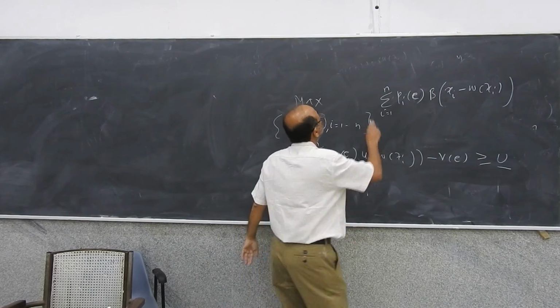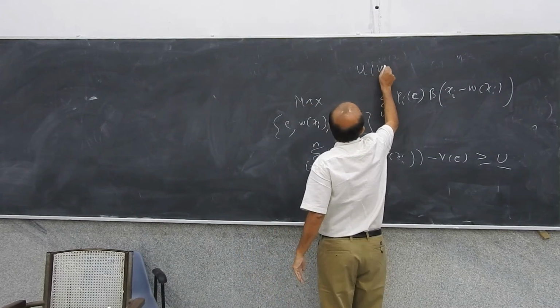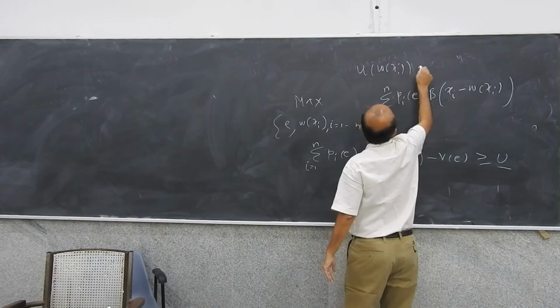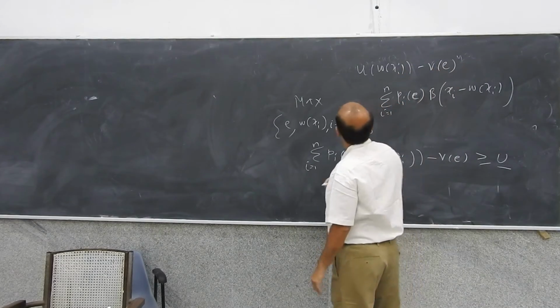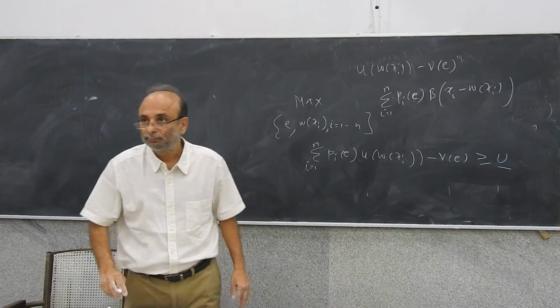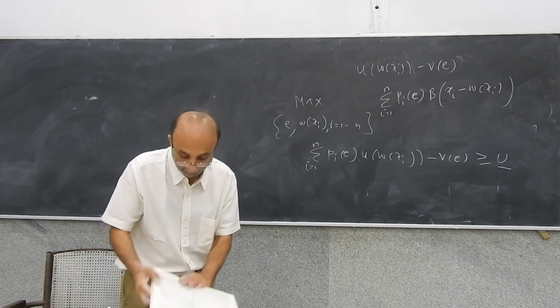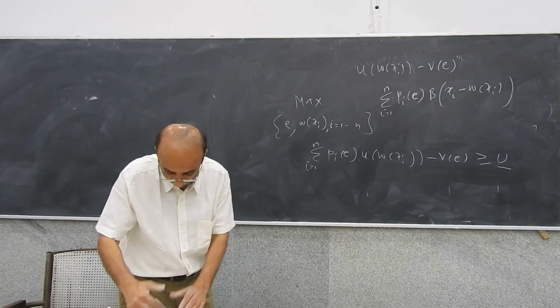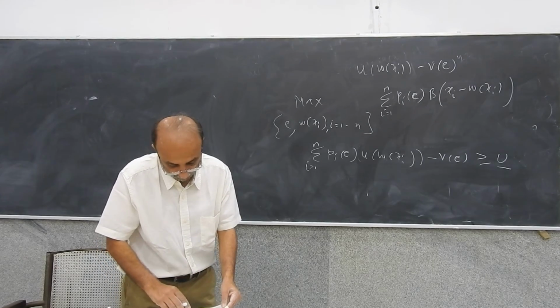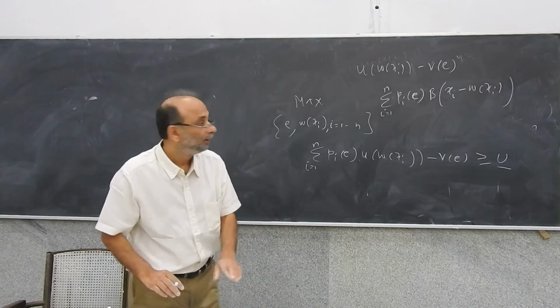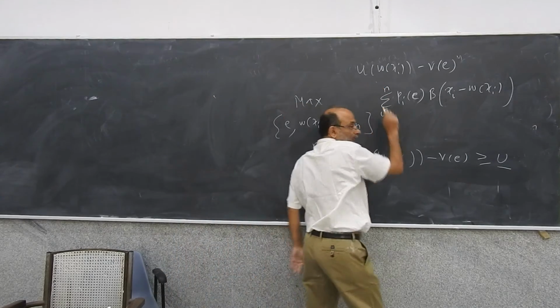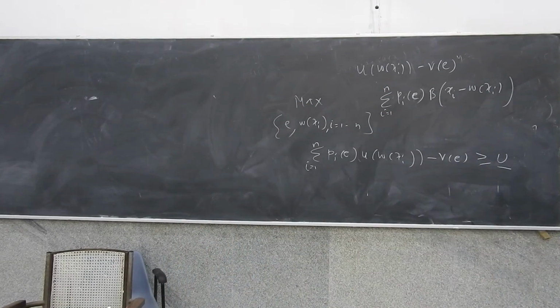The utility function for the agent is, okay, right? Can you explain to me the meaning of the utility function? What is this? U of W xi minus V of E, where E is the effort level.